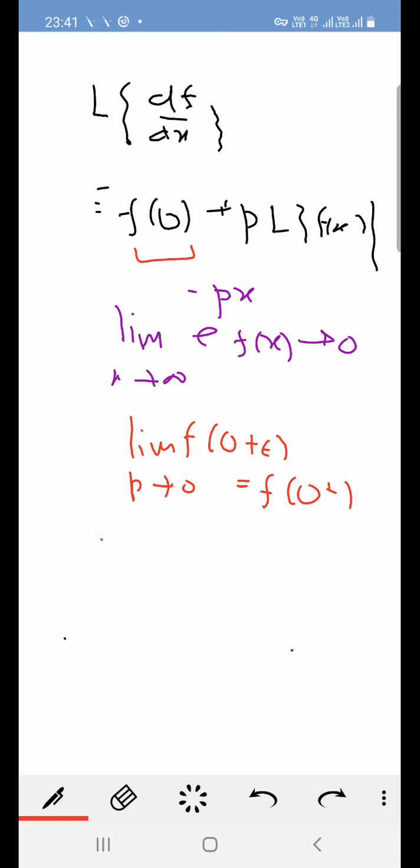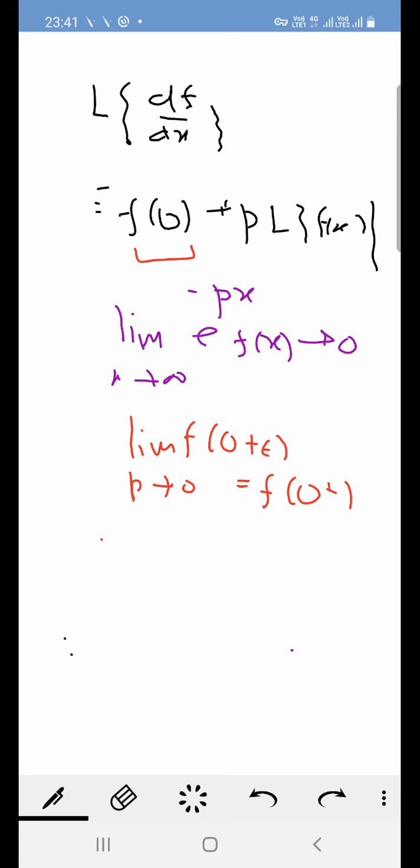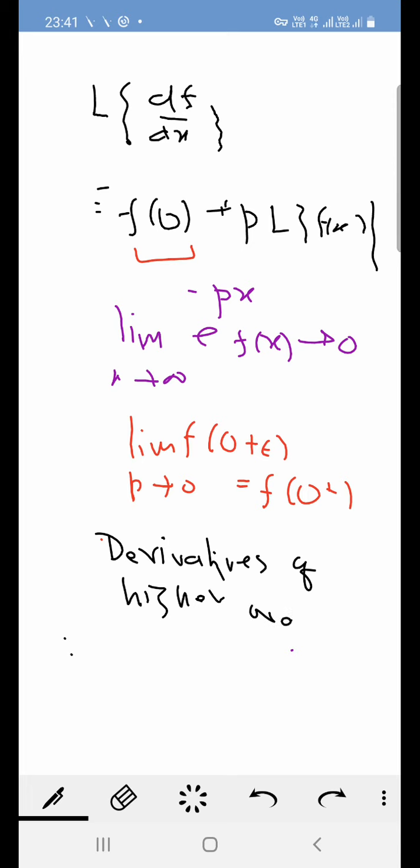Now what if there is a derivative of higher order, for example d squared f by dx squared? We have to find this.